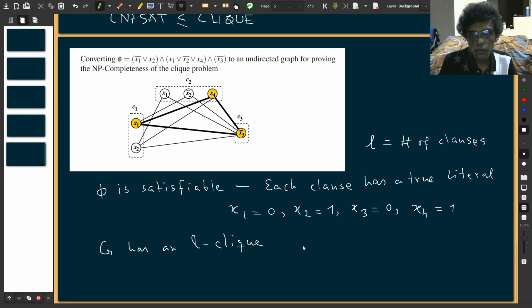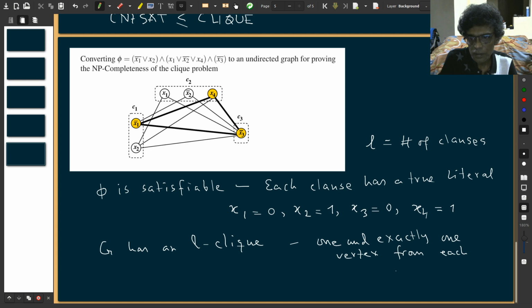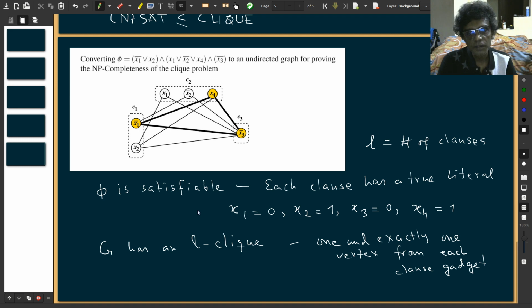So you must choose only one and exactly one vertex from each clause gadget, because inside any clause gadget we do not have any connections. So you have to choose one, and since it's an L clique, it must be that one vertex you are choosing from each clause.